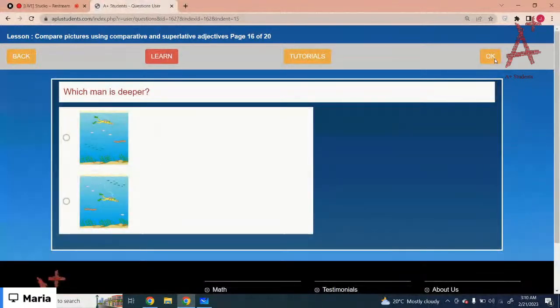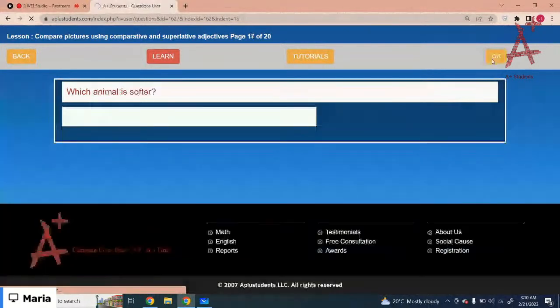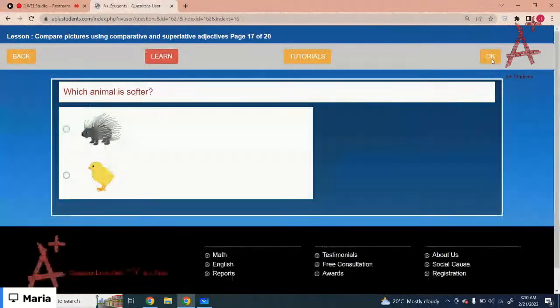Which man is deeper, the first one or the second one? Yes, the second one is deeper. Which animal is softer? The second one is softer.